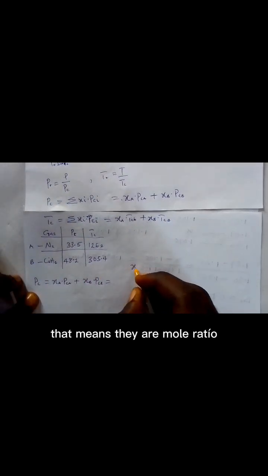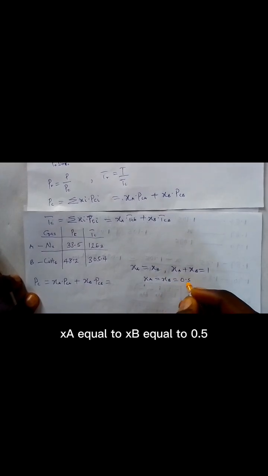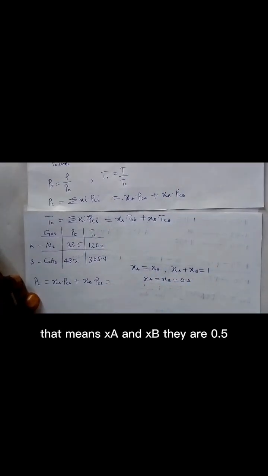That means their mole ratios are equal, that is, the mole ratio of A equals the mole ratio of B. And mind you, the total mole ratio in a mixture must be equal to 1, that is XA plus XB equals 1. That means XA equals XB equals 0.5.